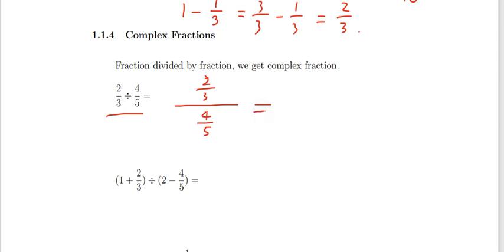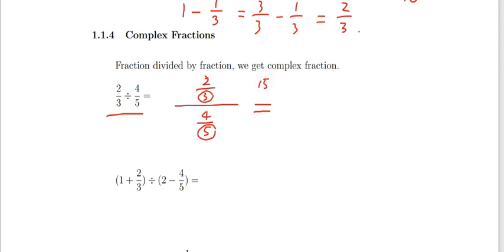To simplify this complex fraction, we don't like the 3, we don't like the 5. So we want to get rid of them. How can we get rid of them? Just multiply by 3 and 5 together, that is, multiply by 15, right?